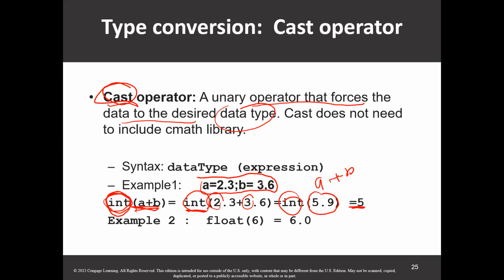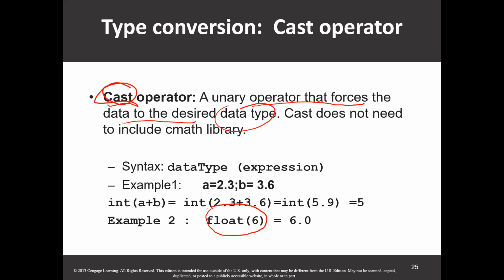So when I have a variable of a certain data type and I cast it, I'm forcing this data type on it. For example, float 6 means convert 6, which is an integer, to a float.